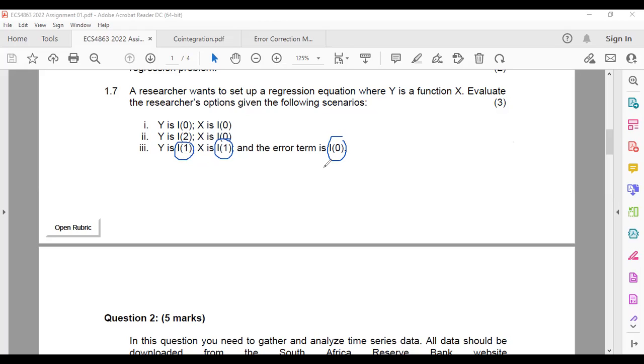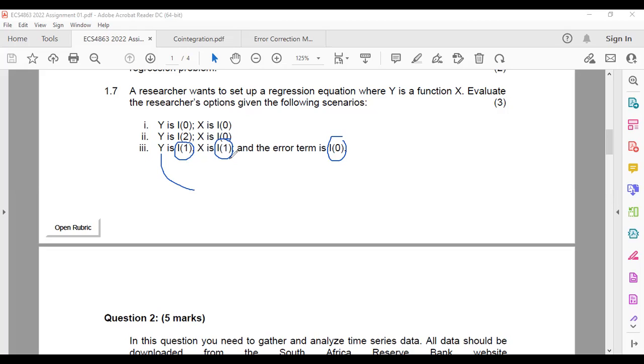What's this I1, I0? Here we are simply saying, if you look at y, it's a non-stationary variable. It will only become stationary after differencing once. That's why we are saying it's an I1 variable. The order of integration is 1. Then if you look at x, the order of integration is 1.